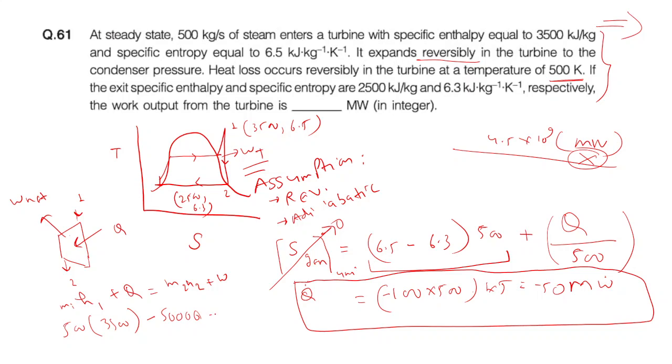Sir, if we don't convert it to kilojoule, what problem would it be? The same thing will come, but you have to keep in mind that the units should be the same everywhere, otherwise you will make some mistake. And 500 into 2500, and W will come. How much W is coming from here?